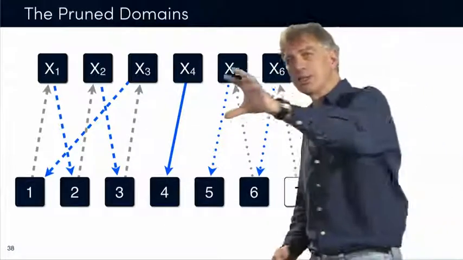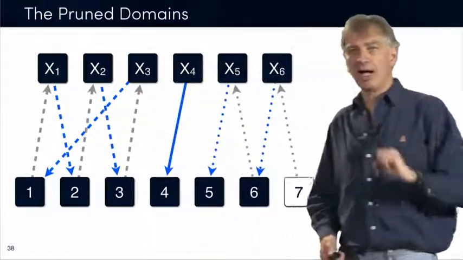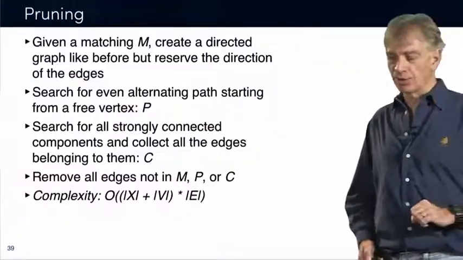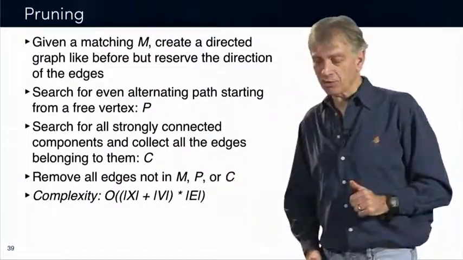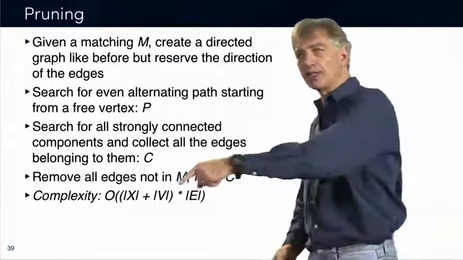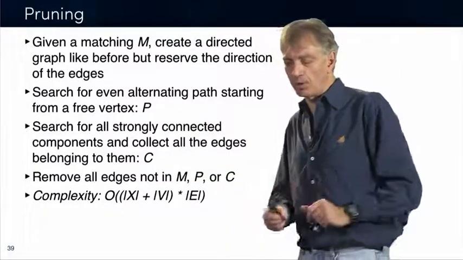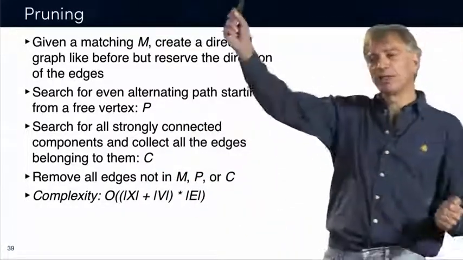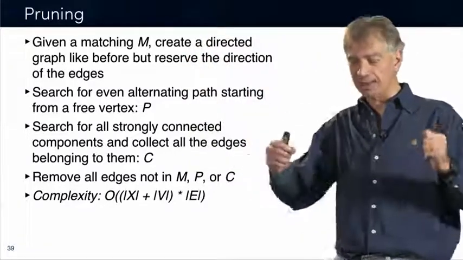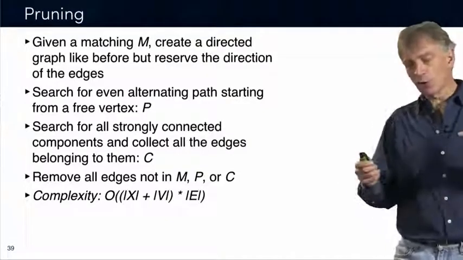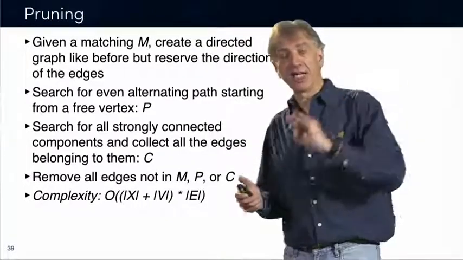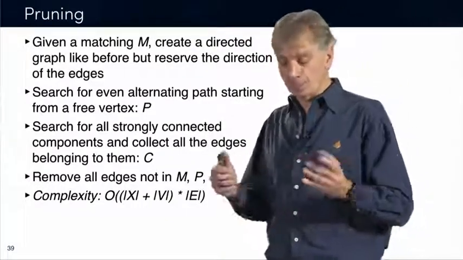And now essentially this is the pruned graph after we have removed all the values that don't belong to any matching. Essentially the complexity here, once again, is going to be a nice low polynomial algorithm. You don't have to try all these particular edges and run a matching algorithm on them. It's much more efficient.